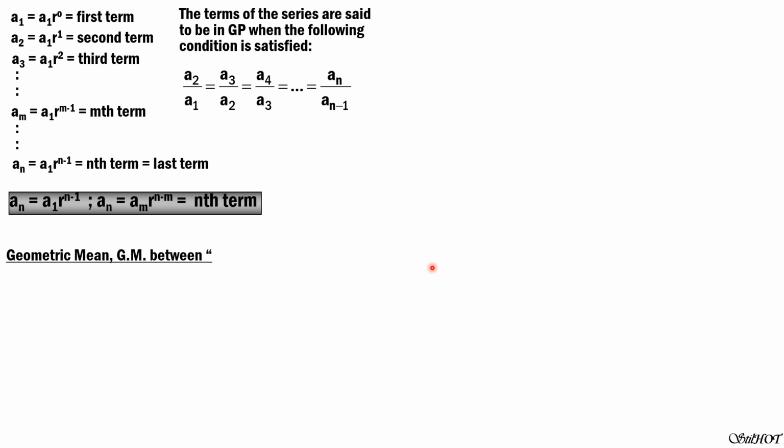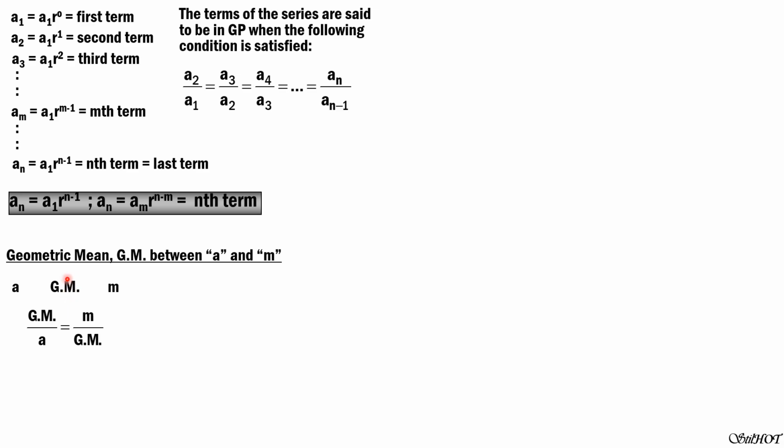So we also derive the geometric mean between a and n this time. So we arrange the terms as a, geometric mean, then n. And applying the concept here, geometric mean second divided by first equals third divided by second. So that means the geometric mean quantity squared equals MA. That is the square of the geometric mean is equal to the product of the first and the third.